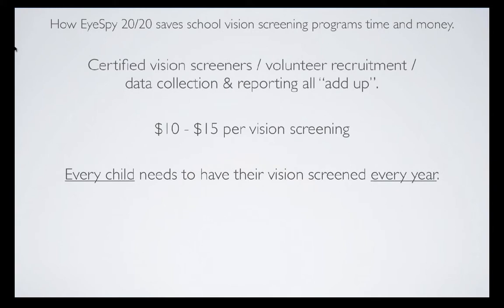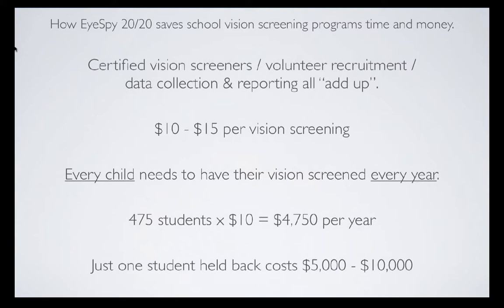So like I mentioned earlier, without a question, every child needs to have their vision screened every year, and there's numerous reasons for that. So that would cost about $47.50 a year if you were doing traditional vision screenings. But you know, there's other costs involved because, again, we talked about some of the shortcomings with the subjective interpretation of traditional vision screenings.